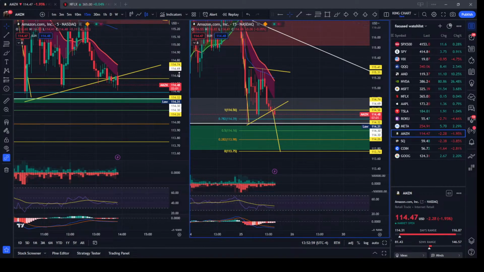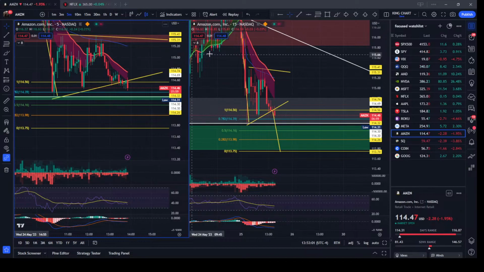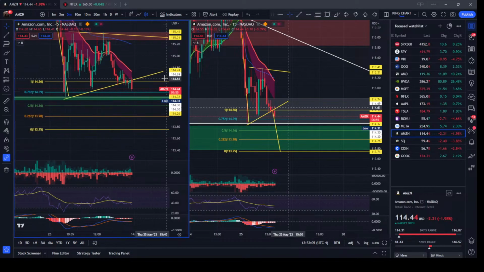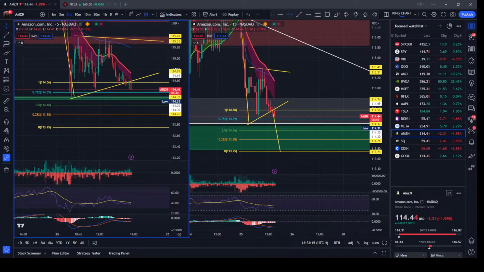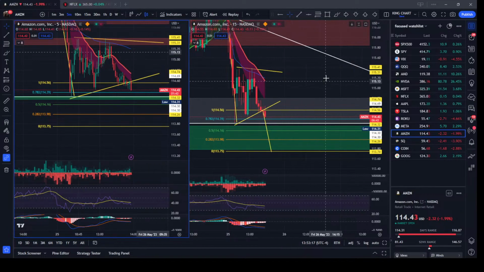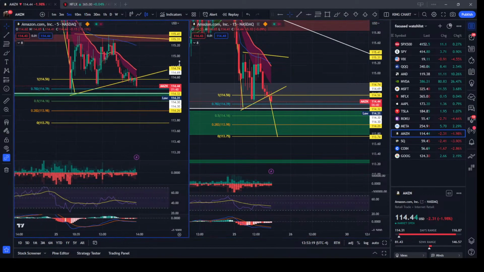Yeah, so bearish overall trend on Amazon. We should actually get a big dump here. Targets are these guys right here: 114.39, 114.16, 113.98, 113.75. So this is actually a pretty good trade. Amazon puts.